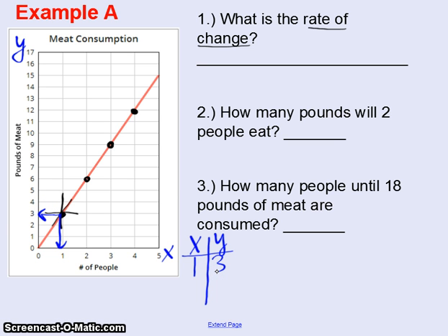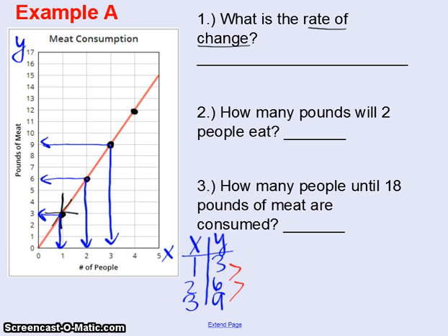Okay, let's do a couple more. So for this point, my x value is 2, my y value is 6. Let's do one more. My x value is 3, my y value is 9. Now from a table, I can find my rate of change like we were doing our patterns.